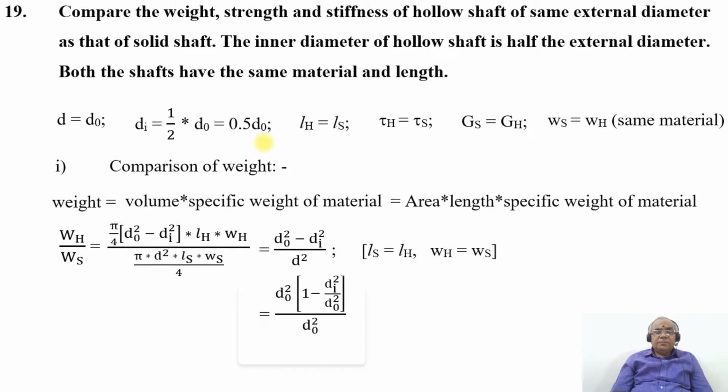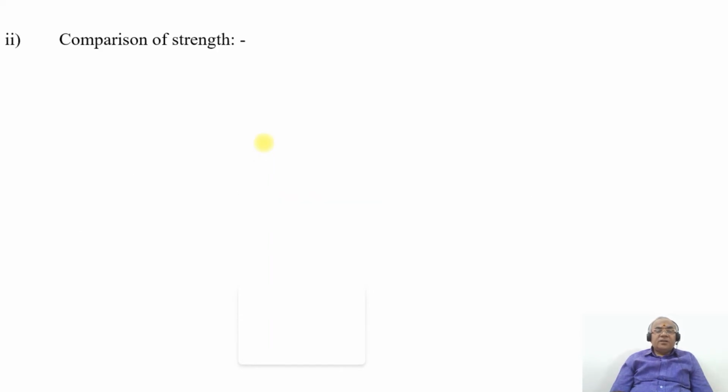Because D is equal to D naught, D naught square cancels. So 1 minus 0.5 square, because Di by D naught equals 0.5, which will be equal to 0.75. So WH by WS will be equal to 0.75, the comparison by weight. Now comparison of strength.